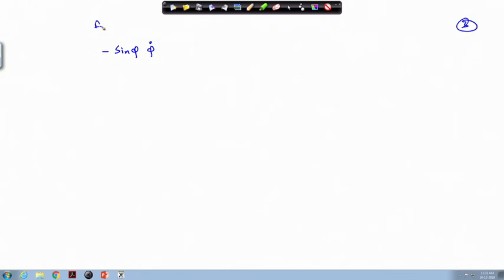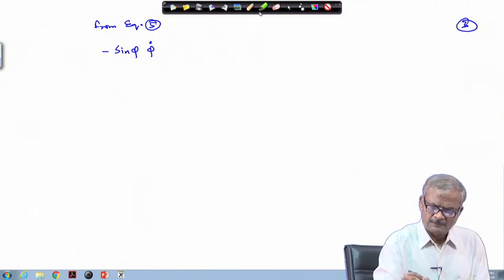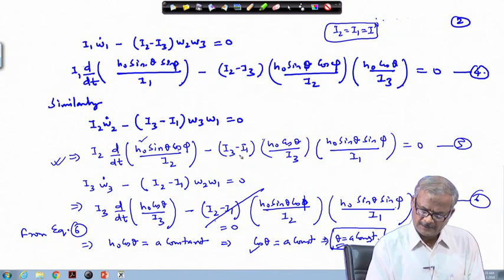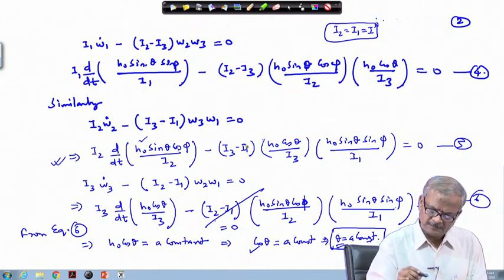This is from equation 5. Okay. Thereafter, I 3 minus I 1.